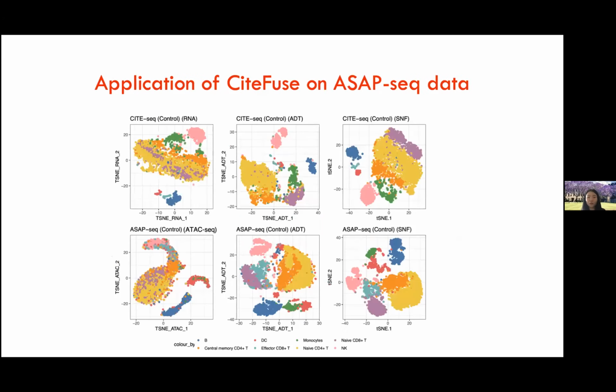We performed the integration and clustering on the CITE-seq data, and we found that compared to using RNA or ADT only, with the CiteFuse procedure we can obtain a better separated clustering result and further annotations that are not achievable with only one modality.